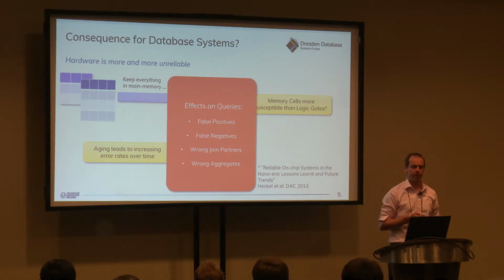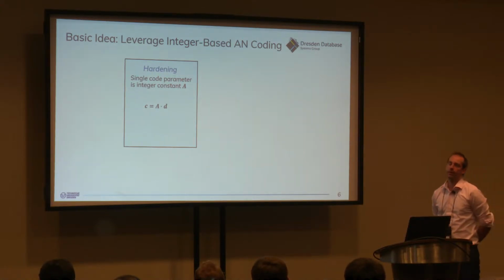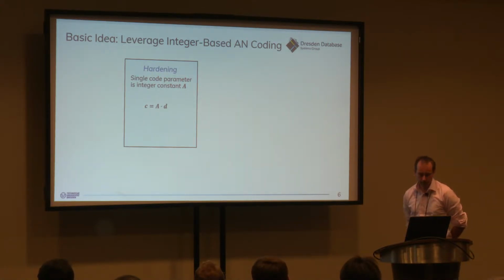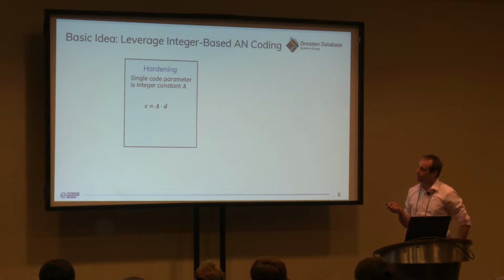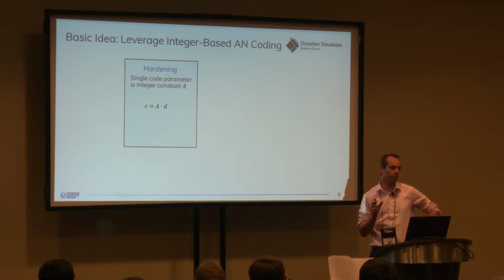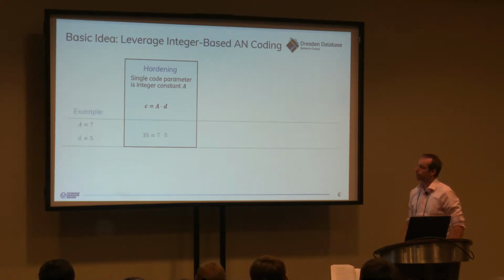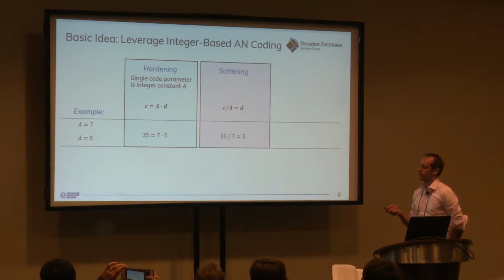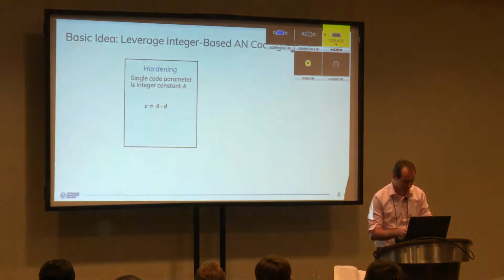I just want to quickly outline how we solve this. We use an arithmetic error coding that works as follows. For each and every integer value d, we multiply a constant A onto it, and that's our code word. It's nothing more, pretty simple. Let's take an example.